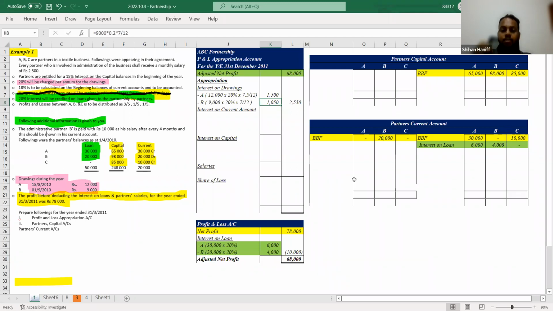These will be charged from the partners. So appropriation account credit will increase, and current account will be debit. So in current account, always remember drawings, you have to debit, then you have to debit the interest on drawings.